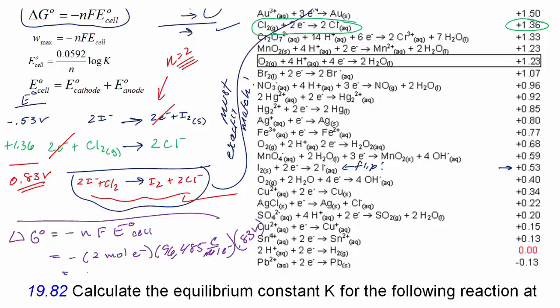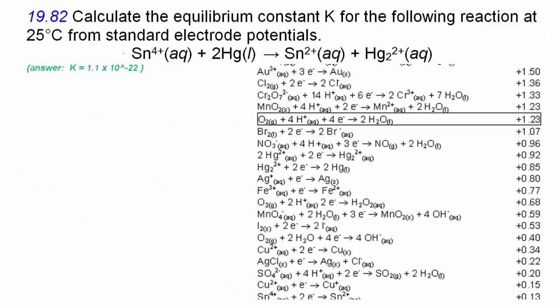I get about negative 1.6 times 10 to the 5th joules, because a volt times a coulomb equals a joule. So I get negative 1.6 times 10 to the 5th joules.